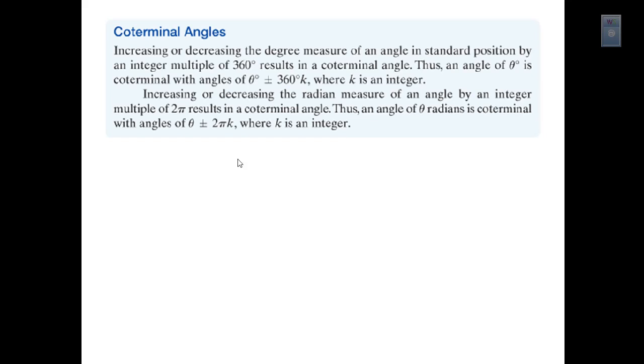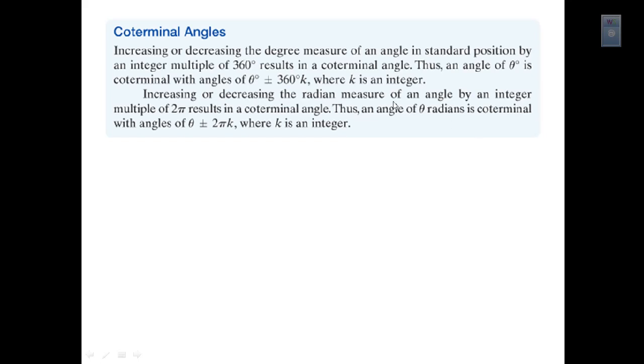The reason why is that when you multiply the 360 by some integer k and then add it to that theta, all you're doing is adding a rotation. So for instance, with that last one, remember we had the 9 pi over 4. We went all the way around the circle and then came back pi over 4 more, and that got us coterminal with that original example of positive pi over 4.